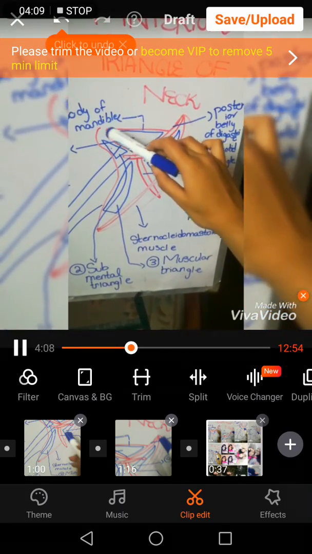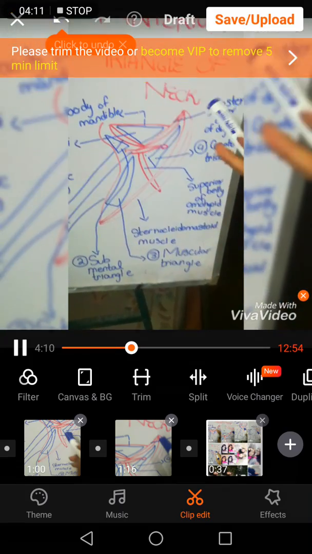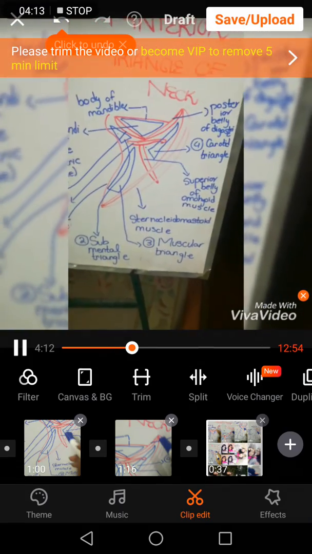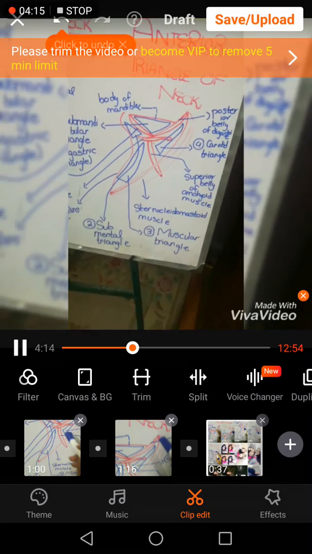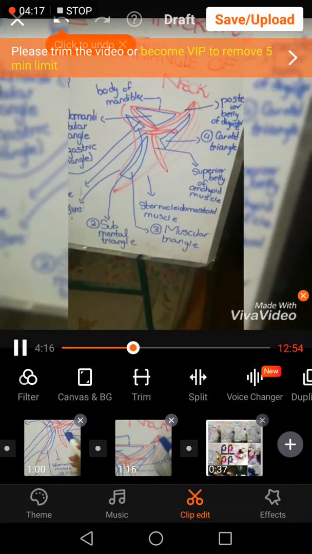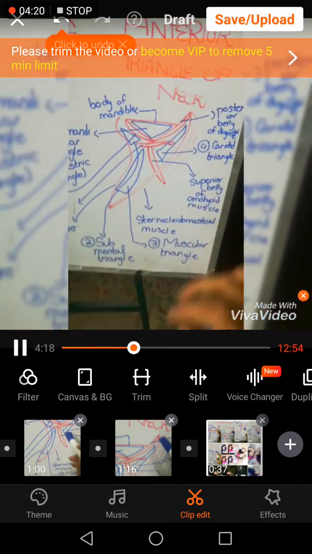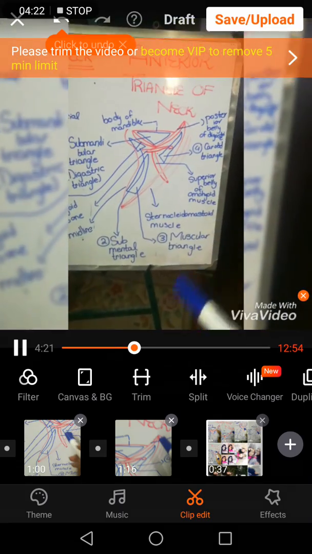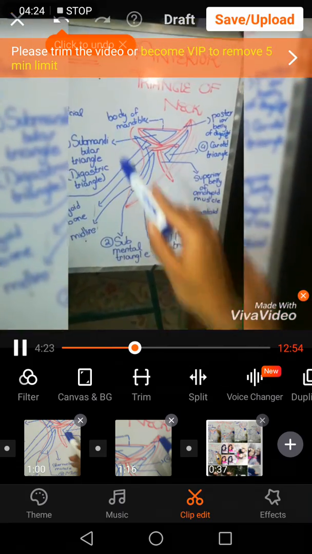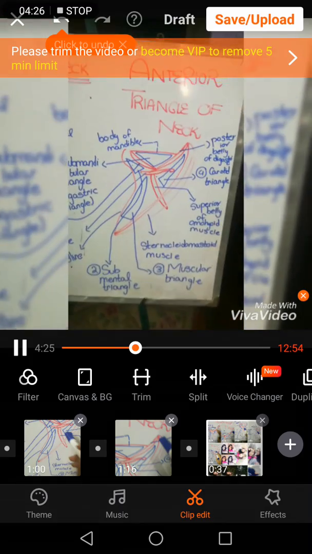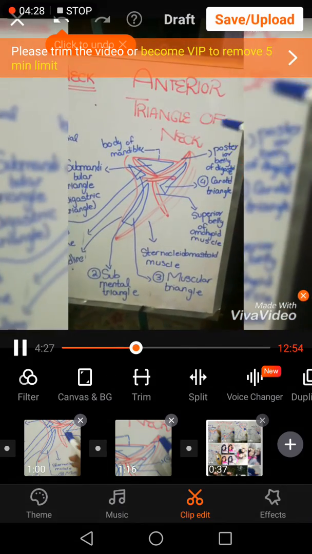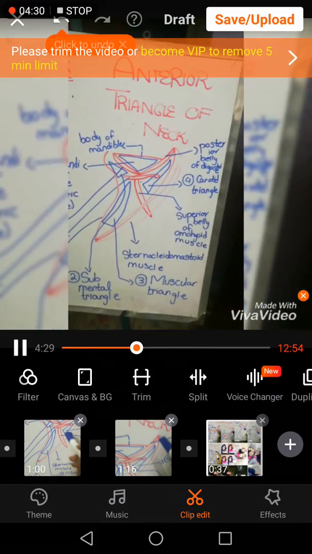Here you can see the neck, and these are some structures which you may have no idea about yet. So let's make friends with these triangles of the neck. First of all, you should know the relations of the anterior triangle of the neck.